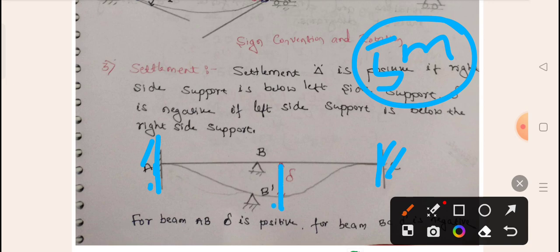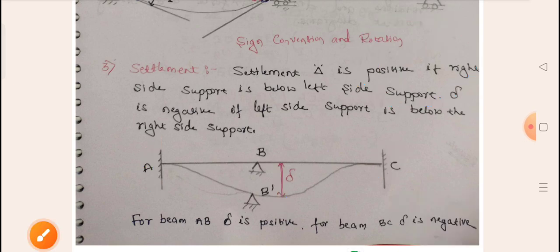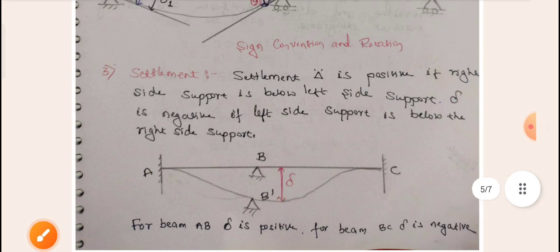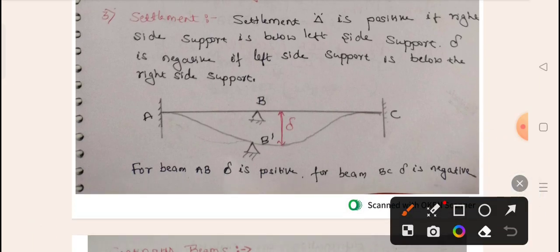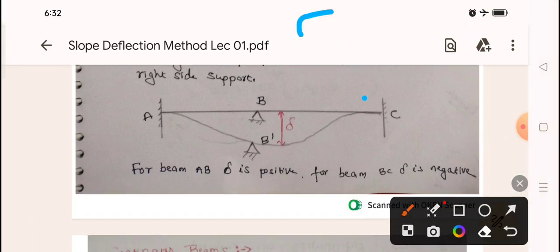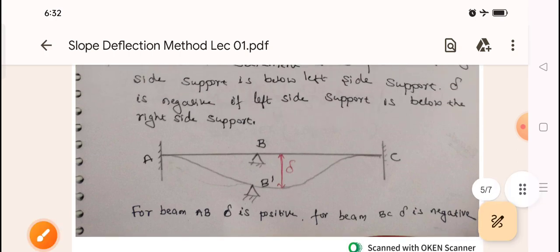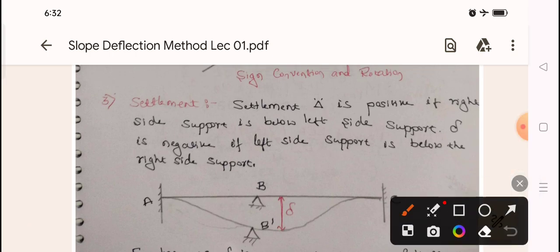If it is sinking down, what happened here? If the right support is sinking down with respect to the left support, then we take delta as positive. Here it is written: the settlement delta is positive if the right side support is below the left support.